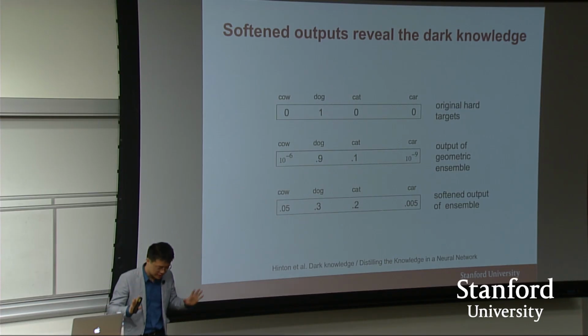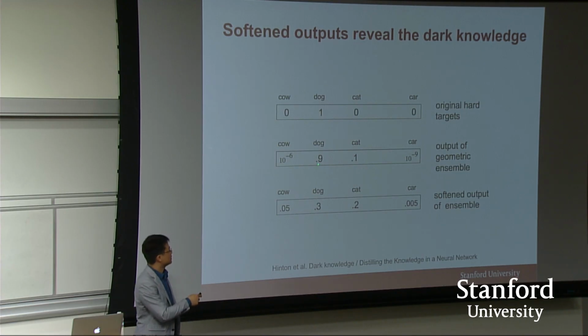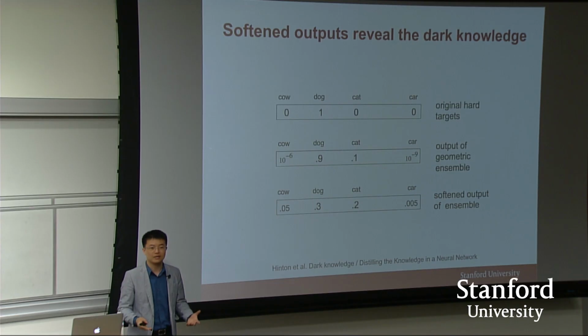And the magic happens here. You want a softened label. For example, the dog is 30%, the cat is 20%. Still, the dog is higher than the cat, so the prediction is still correct.